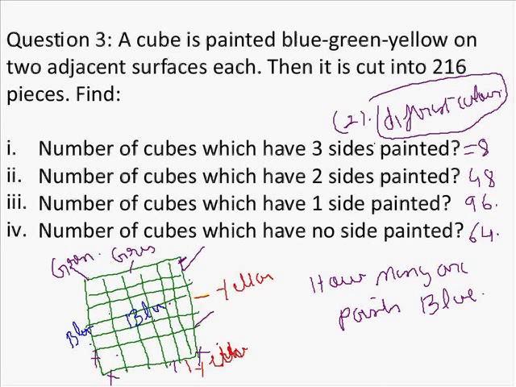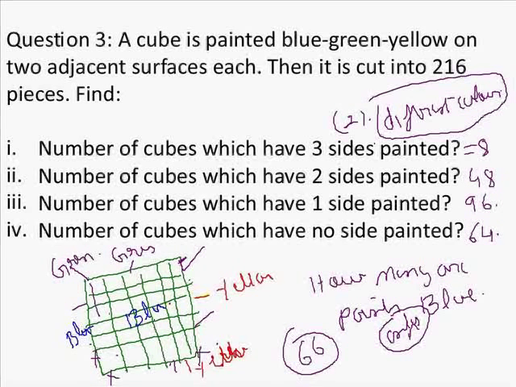Now, 36 into 2 is wrong. 72 is wrong. The answer is 66. Why? This 36, that 36. But in between, these 6 are common. So therefore, the answer becomes 66. Now I'm going to ask how many are painted only blue.